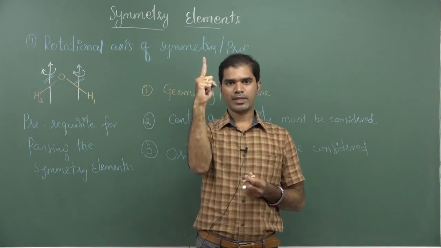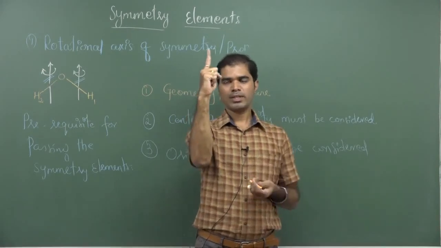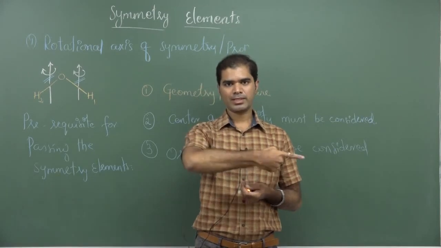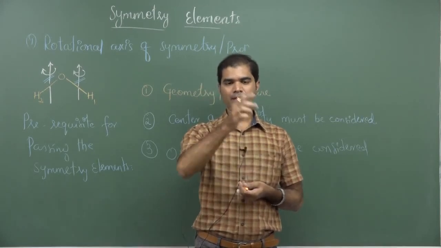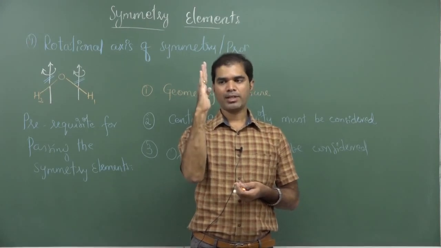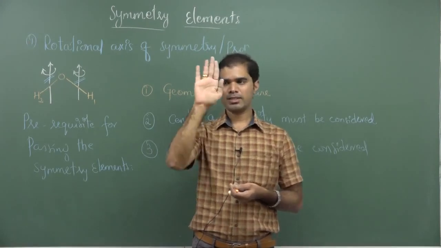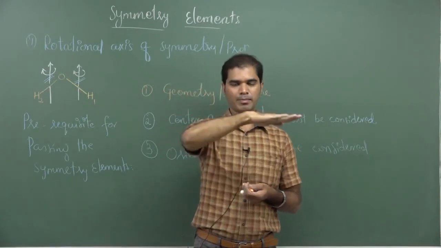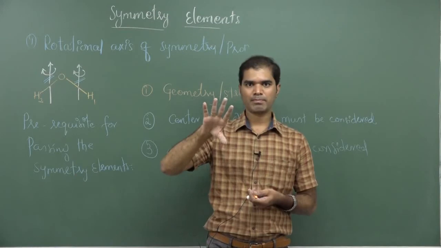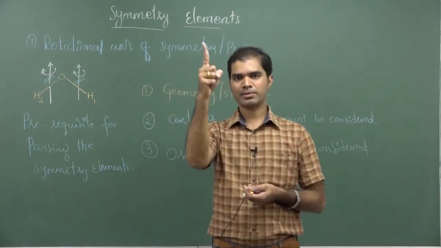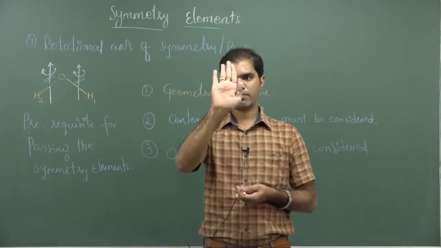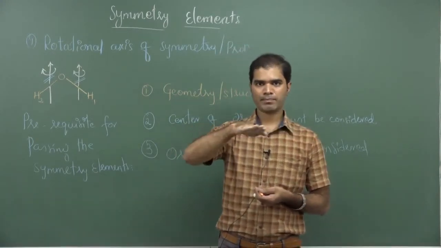If I show it this way, this will become z, this is x, this is y, right? And if I show it this way, you can represent it as a plane. Now this becomes an xz plane, this becomes a yz plane, and this becomes an xy plane. So you have to keep this in your mind, right? Again I am repeating, this is z, x and y. This becomes xz, yz and xy plane.